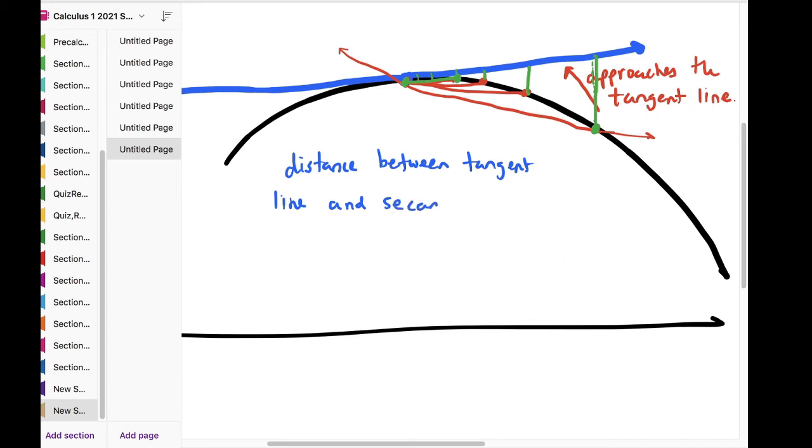And secant line, let's say at the point, are decreasing. So we had approached the derivative as decreasing x values, but there's also a sense of decreasing y values.